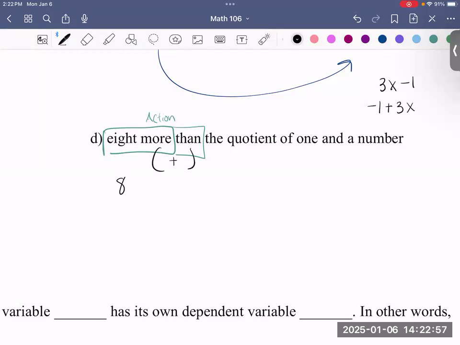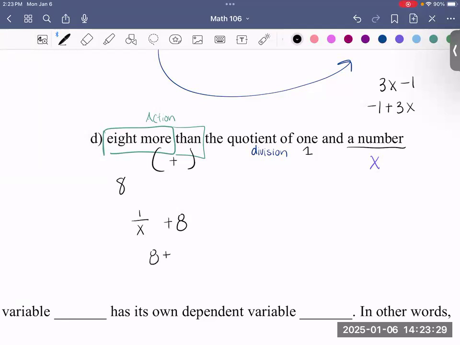The quotient of 1 and a number. Well, we talked about a number, that is our variable. And it says quotient. Quotient is division of 1 and a number. So divide 1 and x. So if we put it all together, we can say 8 plus 1 and x.